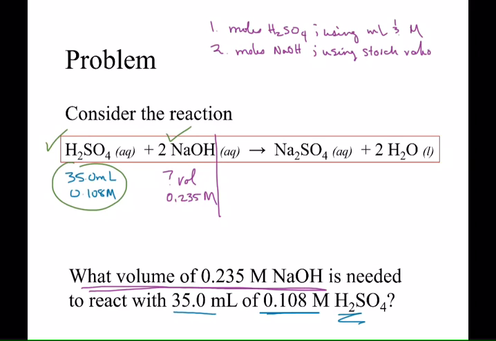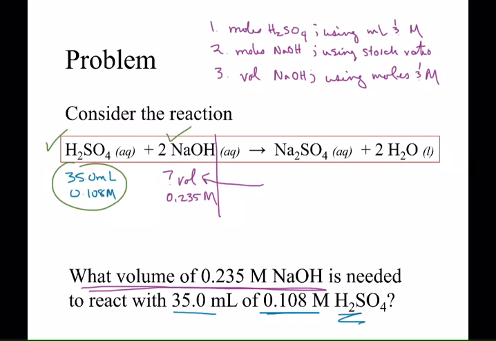So we're combining a few things. I'm on my way to get to volume of NaOH. So now do you see where if I have moles of NaOH, I can get to volume of NaOH using the moles I just came up with and the molarity that was given.